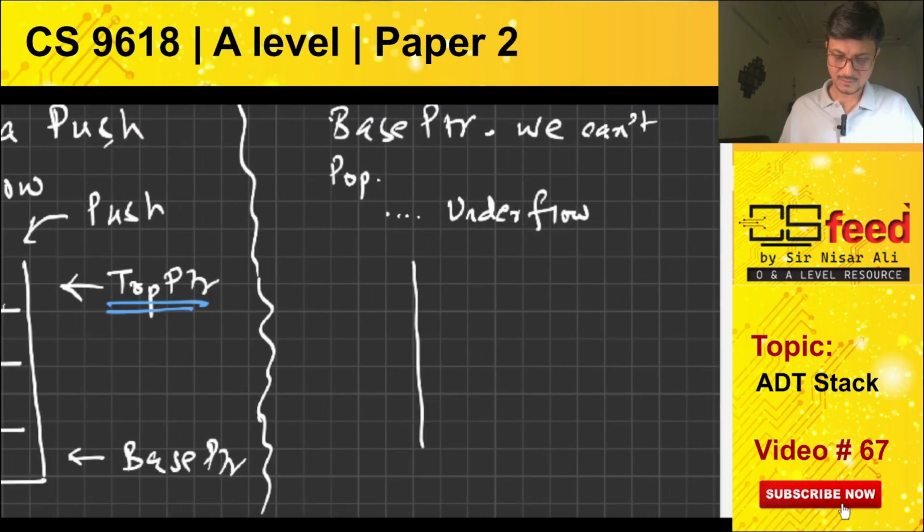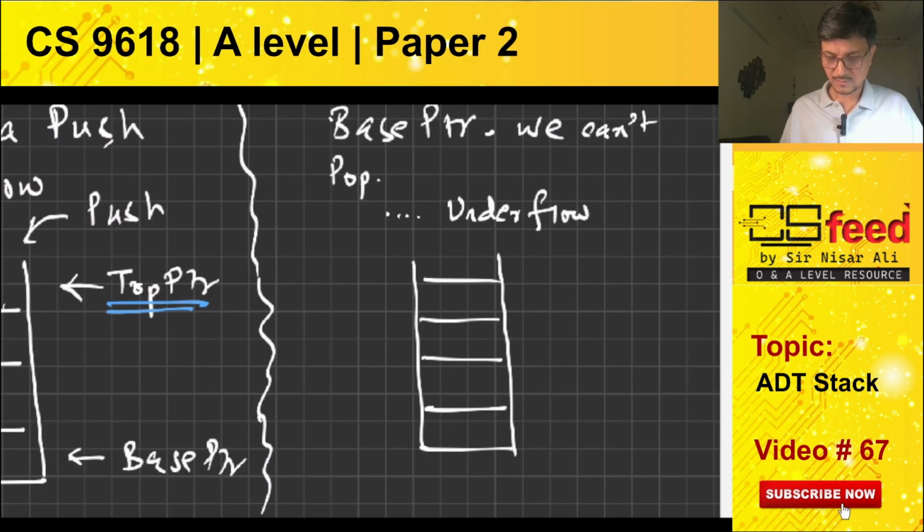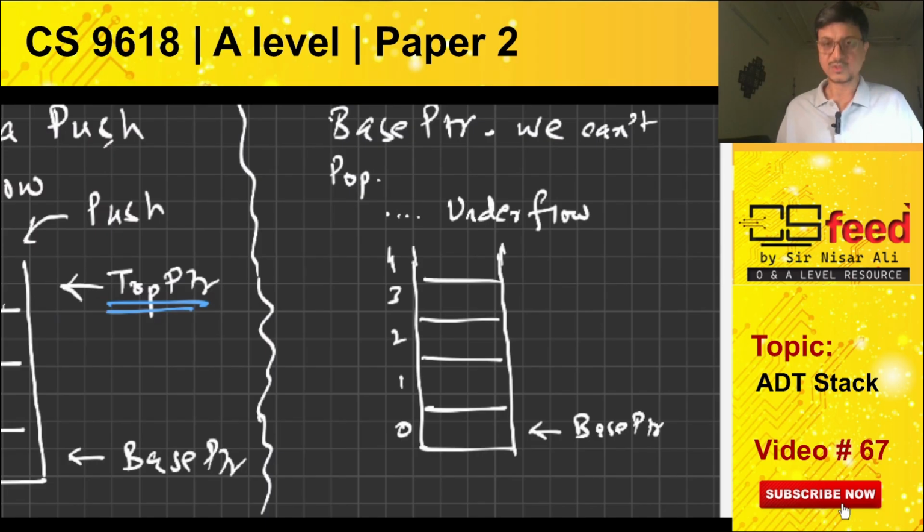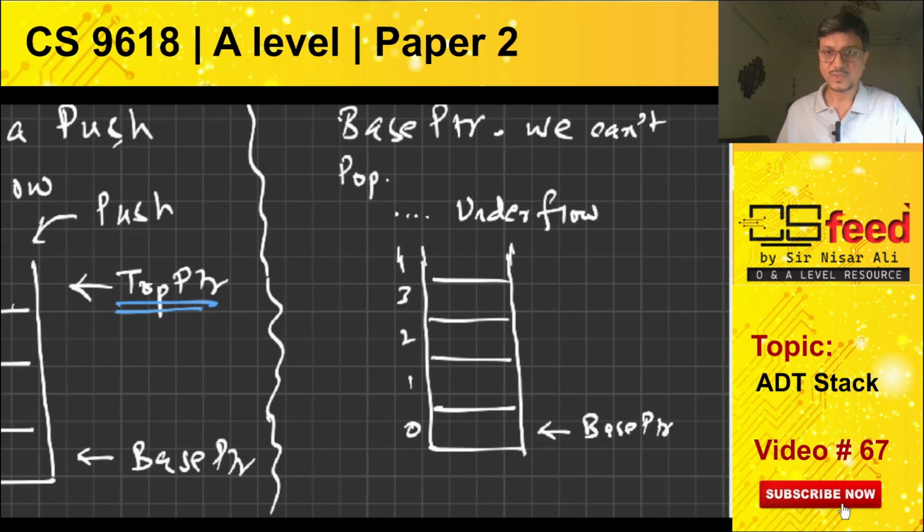This means this is the stack and this is the base pointer, which is pointing to the base index, to the lower bound. And if the top pointer is here, means base pointer -1.